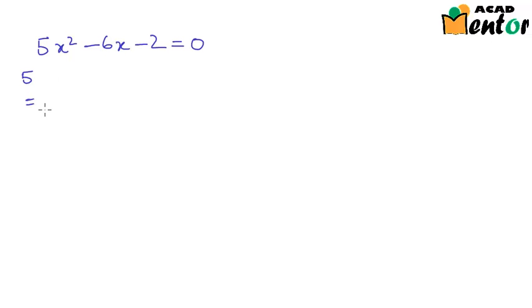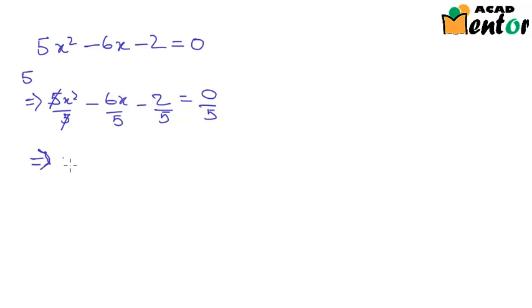That would give me 5x square by 5 minus 6x by 5 minus 2 by 5 equal to 0 by 5. Now in this case, this 5 and 5 would get cancelled, and this equation would in turn become x square minus 6 by 5x minus 2 by 5 equal to 0.